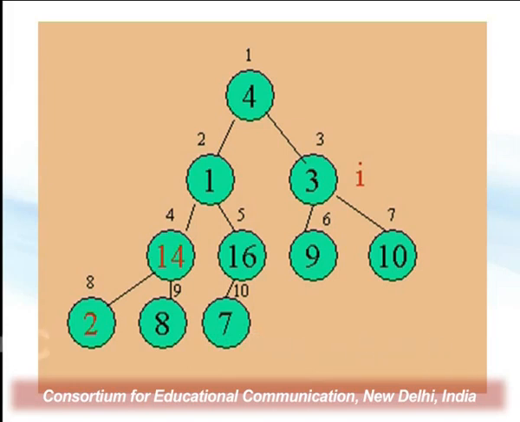So, decreasing that index further, we have the index 2 and the element present is 1. The subtrees of 1 have 14 and 16. So, we will be swapping 16 and 1. 16 will take the position of the current subtree which we are talking about, and 1 will take the position of 16.